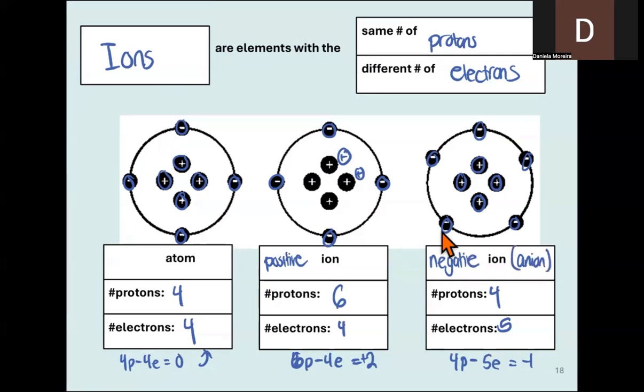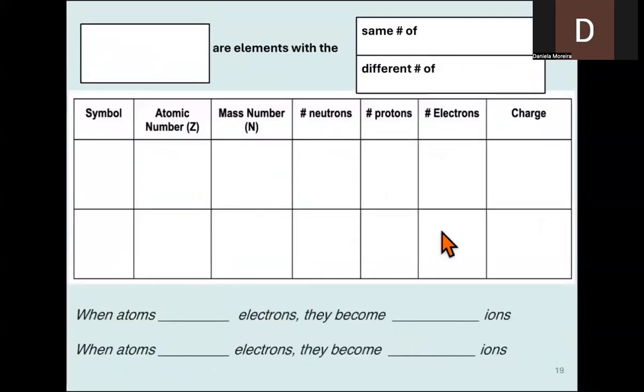And the positive ion is called a cation. So ions are elements with the same number of protons, different number of electrons. Here I'll get to show you fluorine-19 minus 1.